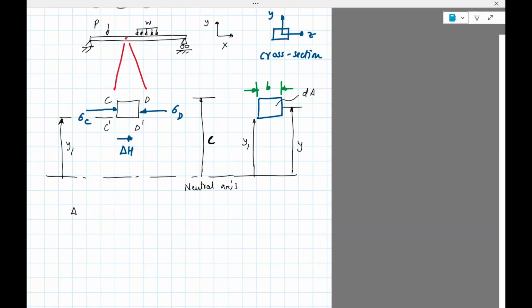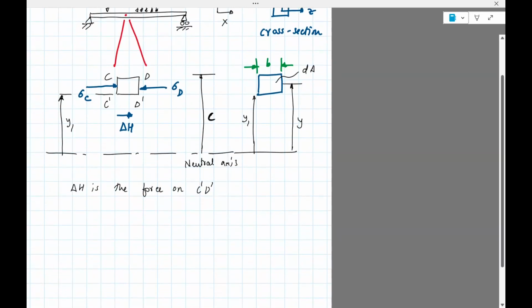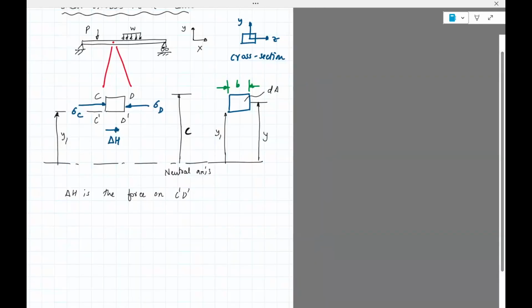So delta H is the force on C prime D prime. And if we do a net equilibrium of forces in the x direction, we have delta H, you can see it's on the right side. We have sigma C times dA. So converting stresses into forces, we require to multiply it with the cross-sectional area.